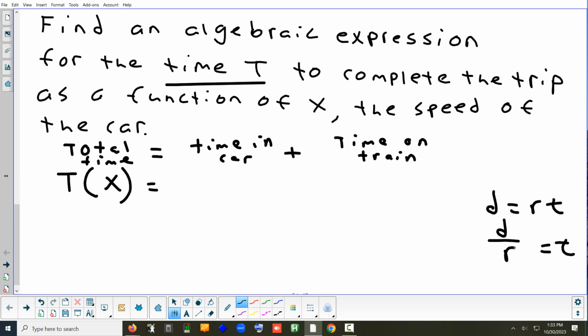So to find the time in the car, you're going to need the distance in the car, and you're going to have to divide by the speed of the car.